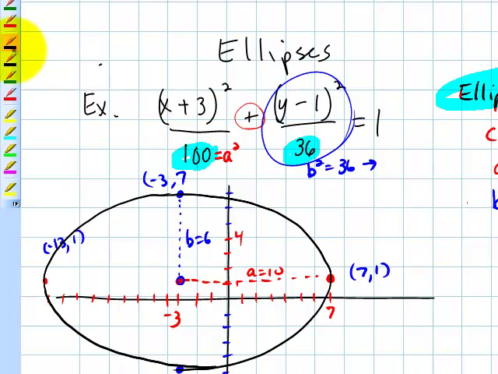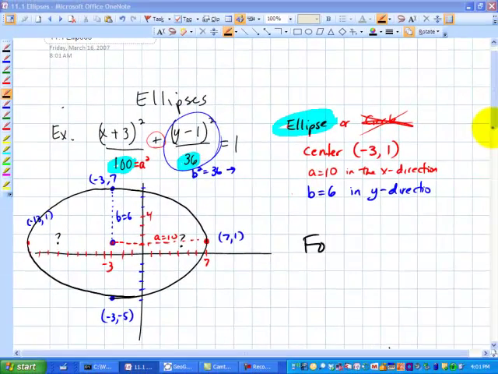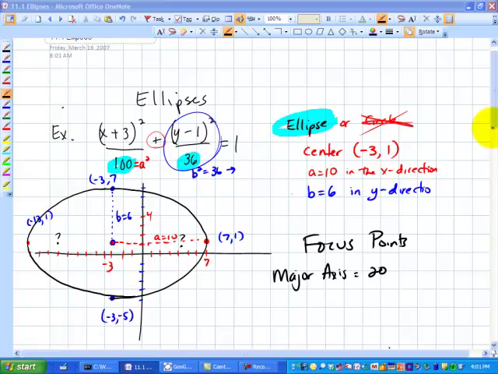Now, obviously, my focus points have to be someplace in here. I don't know exactly where, but they're going to be along that line. And that brings us up to the next important discussion about focus points. So we've got our major axis right along here, which is 20.